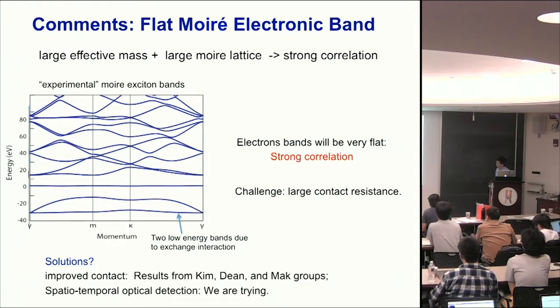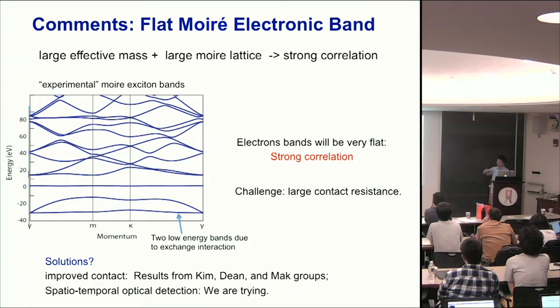Another approach that we are pursuing more, because it turns out contact is really difficult for us, is using optical detection. As I mentioned previously, if you use spatially and temporally resolved optical measurements, you can infer the transport properties without using any contact. So we are exploring different variants of that.